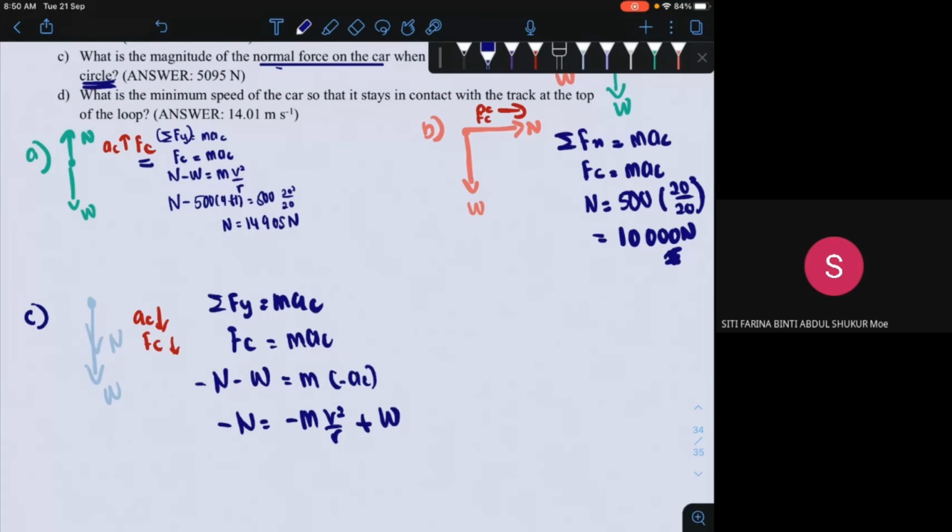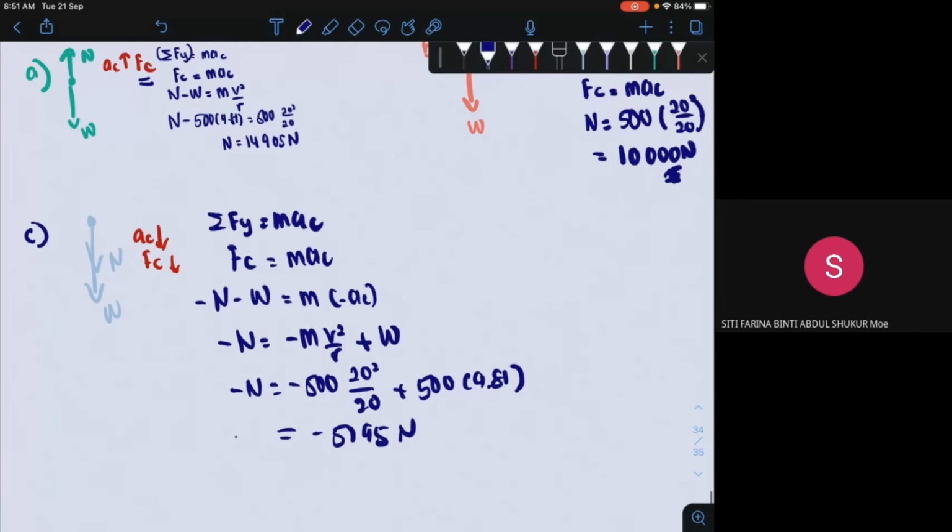So negative N akan sama dengan 500, 9.81. Kamu akan dapat negatif 5095 Newton. Tapi sebab kiri pun ada negatif, you cancel.